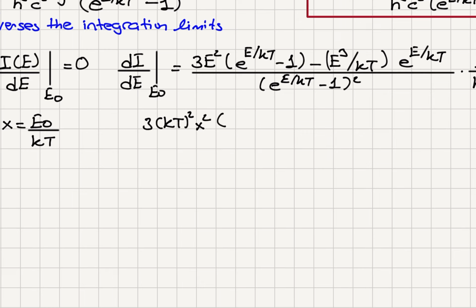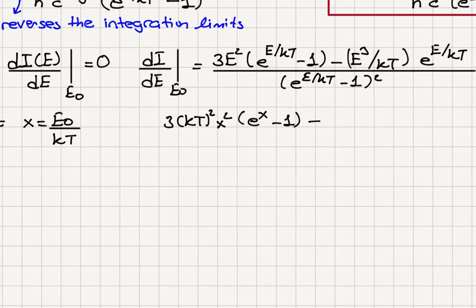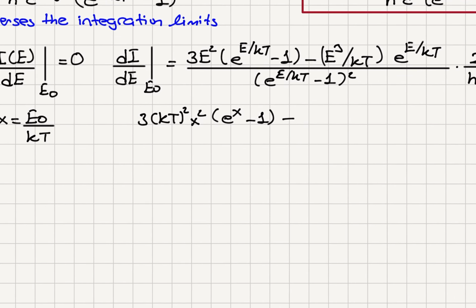E to the E0 over kT is e to the x, minus 1, minus e cubed over kT. E cubed is x cubed kT cubed. kT cubed x cubed divided by kT, e to the x, and this must be equal to 0.